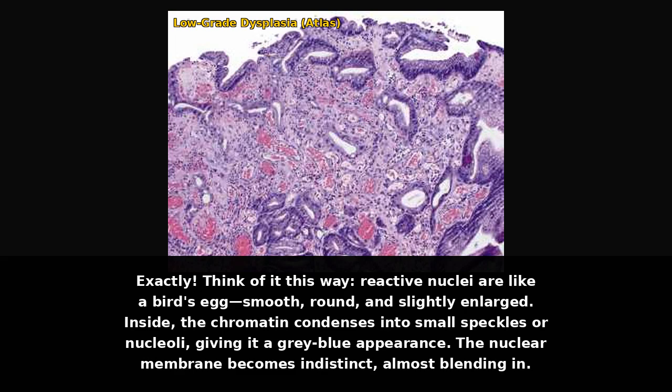Reactive nuclei are like a bird's egg, smooth, round, and slightly enlarged. Next, inside, the chromatin condenses into small speckles or nucleoli, giving it a gray-blue appearance. The nuclear membrane becomes indistinct, almost blending in.